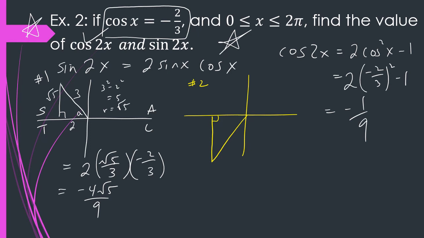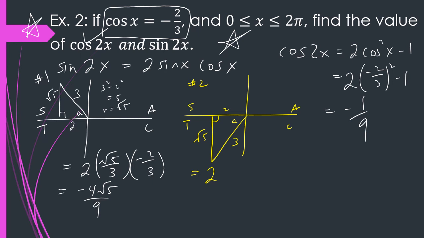Exact same process, just really has to do with adjusting based off of CAST. So there's 2, there's 3, 9 minus 4 is 5, that's still going to be root 5. So in this case, though, down here, sine is negative. It's in the tan quadrant.